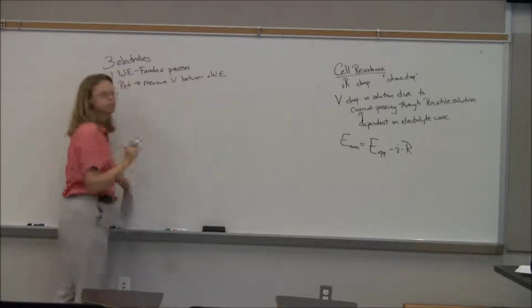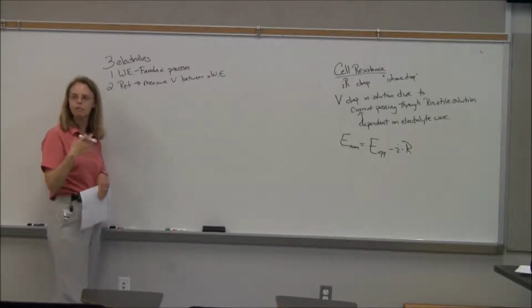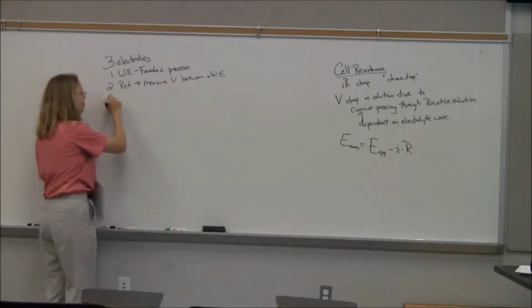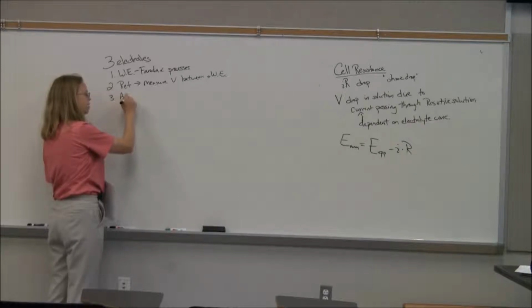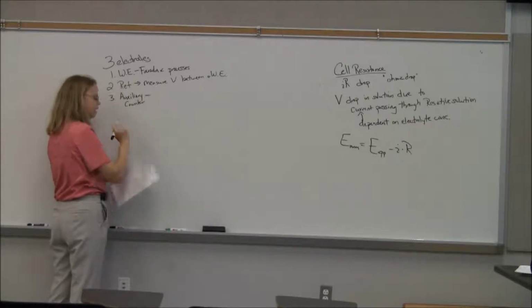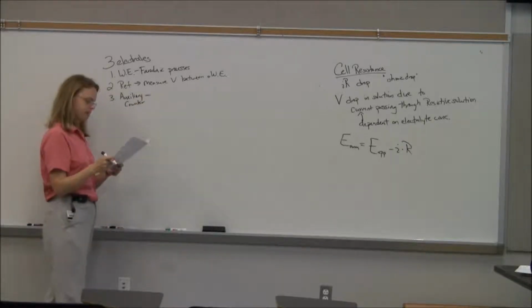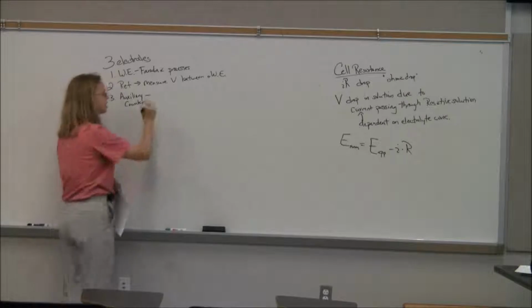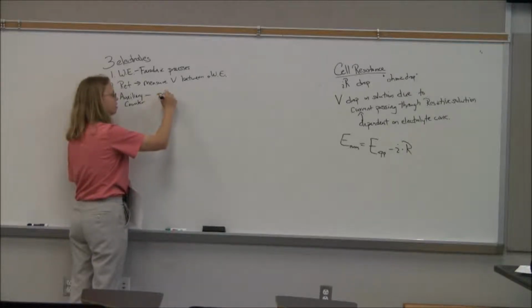So that's your voltage reference. That's what reference means. We haven't talked about the third electrode, which is either called an auxiliary electrode or a counter electrode, either or. In this case, this is an electrode to pass current.